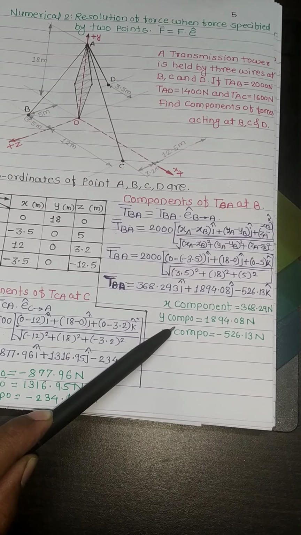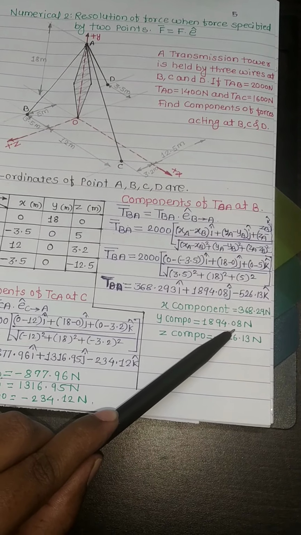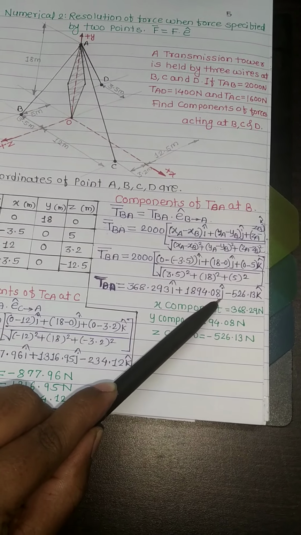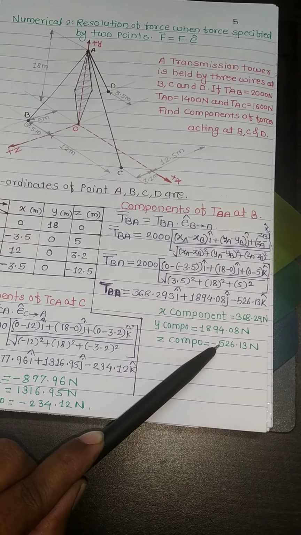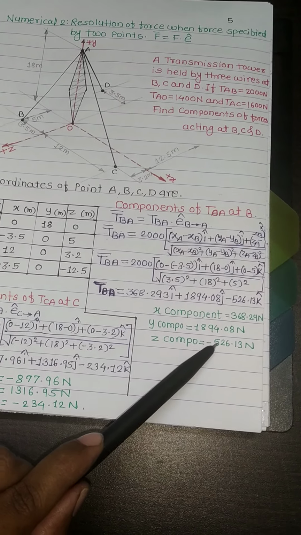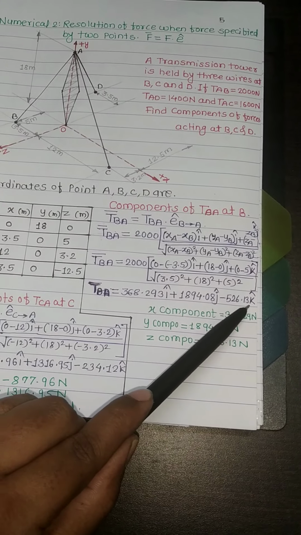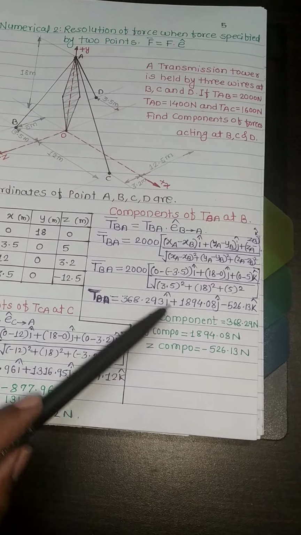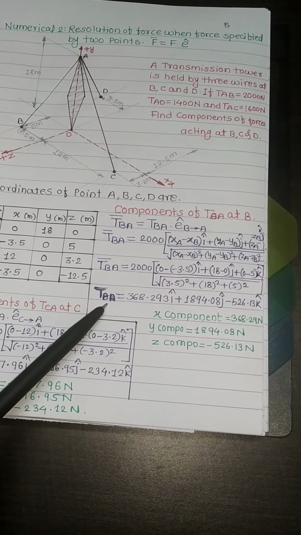The y component of TBA is 1894.08 Newton because it is defined with J cap. The z component of the force TBA is minus 526.13 Newton and it is defined with K cap. Now these are the components of this vector TBA.